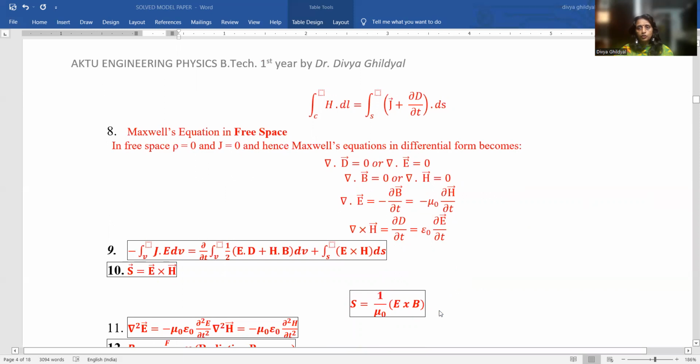For Poynting theorem, we find an expression which gives us integral over V of J dot E dV is equal to minus del by del t integral of half E dot D, that is energy due to electric field, plus energy due to magnetic field H dot B, plus integral E cross H ds, where E cross H is Poynting vector.